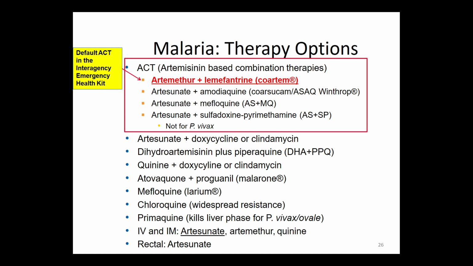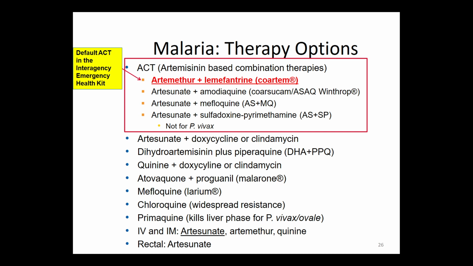The default ACT in the interagency emergency health kit should be artemether-lumefantrine, which is Coartem. Artesunate may be artesunate plus amodiaquine, artesunate plus mefloquine, artesunate plus sulfadoxine-pyrimethamine, and is not used for Plasmodium vivax.